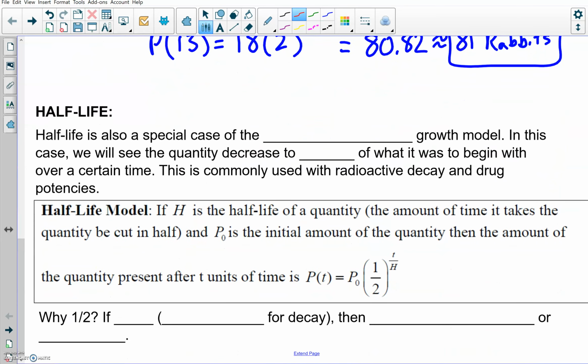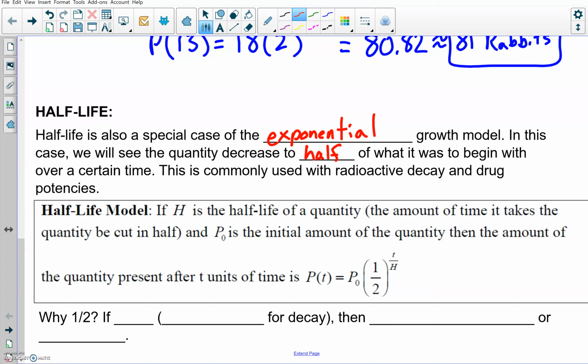So half-life, also a special case of the exponential growth model. But in this case, we're going to see the quantity decrease to half of what it was to begin with over a certain time. So this is commonly used with radioactive decay, drug potencies.